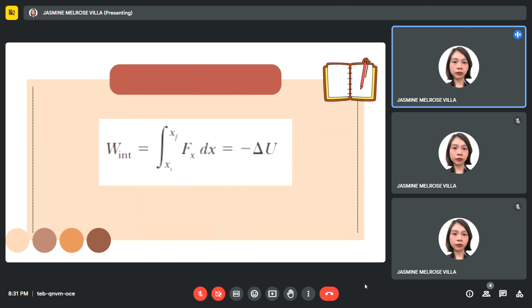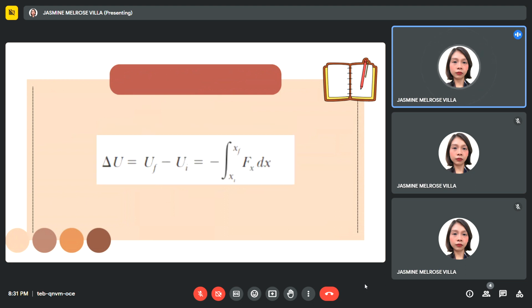That is, the work done by a conservative force acting between members of a system equals the negative of the change in the potential energy of the system associated with the force when the system configuration changes. We can now express it as this one.